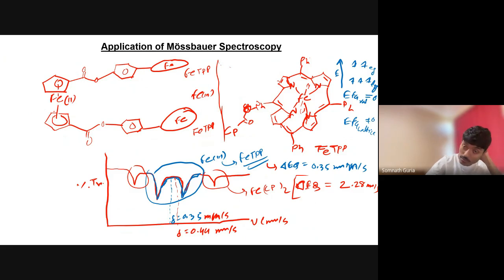We don't have that much electric field gradient from the lattice contribution. Okay, so it's there, but not that much. So because of that, the delta EQ value for iron TPP is only 0.35 millimeter per second.